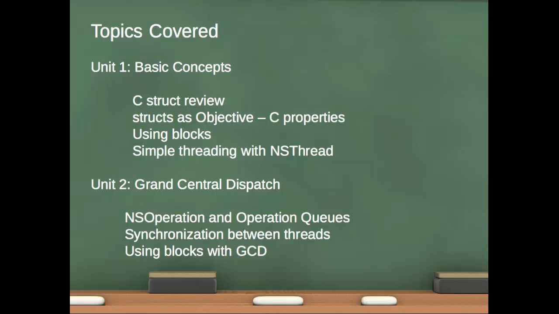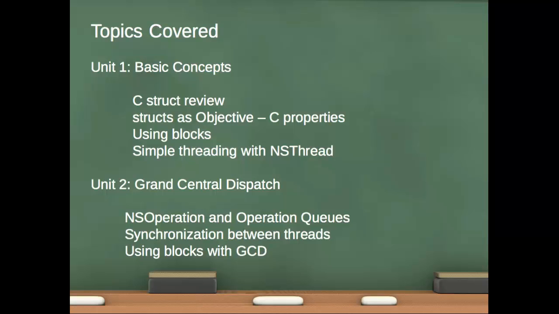We're also going to talk about something called a block. And this is a C construct in the LLVM compiler that is used in various ways. A block is just a piece of code with or without a name that is used as a function that can be passed to other functions, can be passed to methods, and it's a very useful concept.